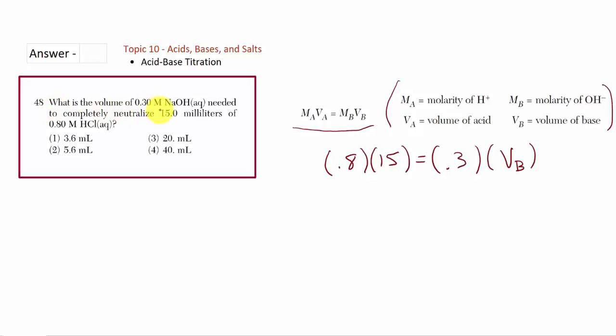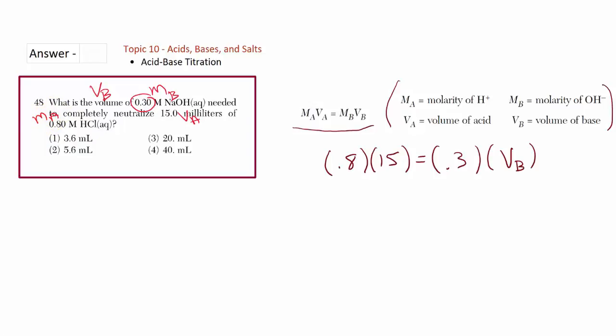The volume of the 0.3 molar sodium hydroxide, that's your base, so that's what we're looking for, is the volume of the base, and they've given us the molarity of the base. That's this value here, 0.3, and we're going to neutralize 15 milliliters, that's a volume of the acid, and we have the concentration of the acid is 0.8, so that's going to be the molarity of the acid.